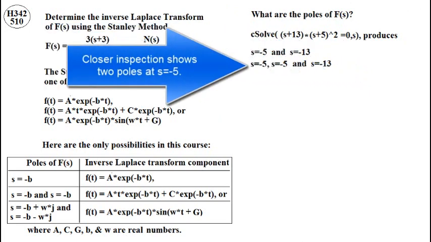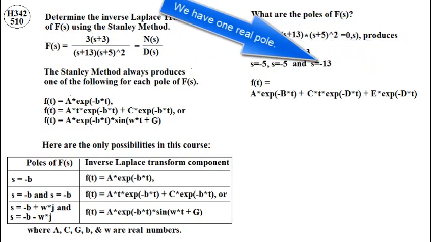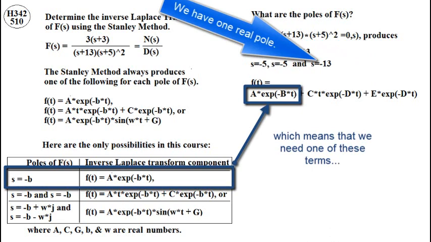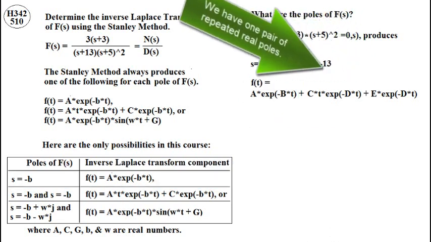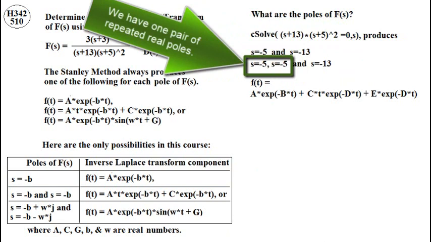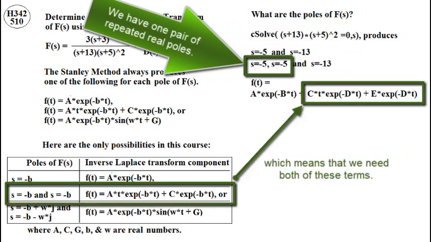Closer inspection shows two poles at s equals -5. We have one real pole, which means that we need one of these terms. We have one pair of repeated real poles, which means that we need both of these terms.